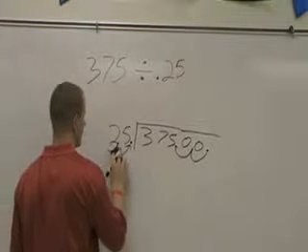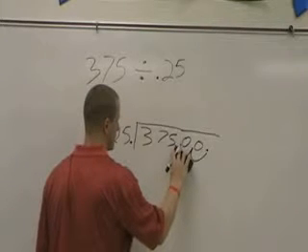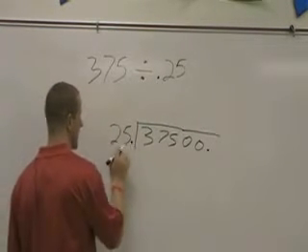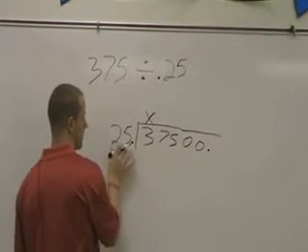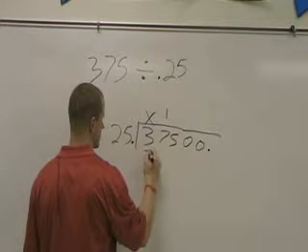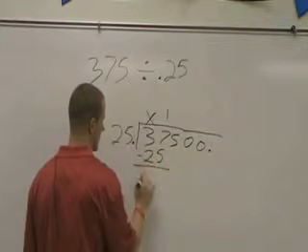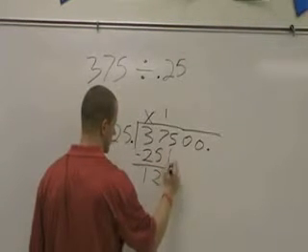So now I have 25 dividing into 37,500. Now let's divide it out. 25 can't go into 3. 25 can go into 37 once, for 25. Subtract it out: 3 take away 2 is 1, 7 take away 5 is 2.